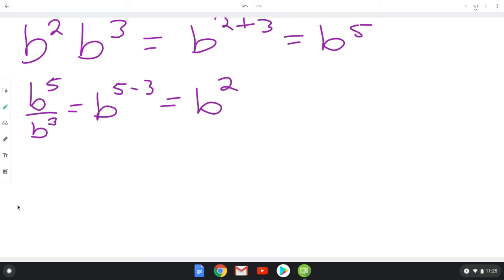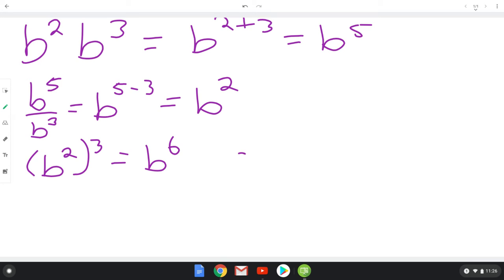The other one would be if I have something to a power to another power, then I'm multiplying the powers. So 3 times 2 is 6, right? If I have a power to a power, then I'm multiplying those powers.